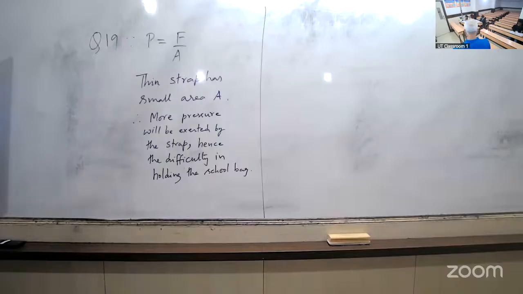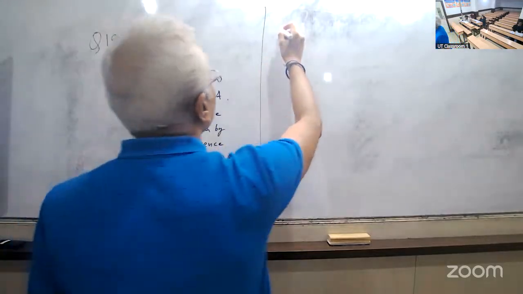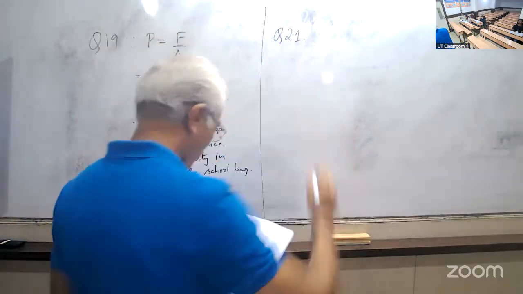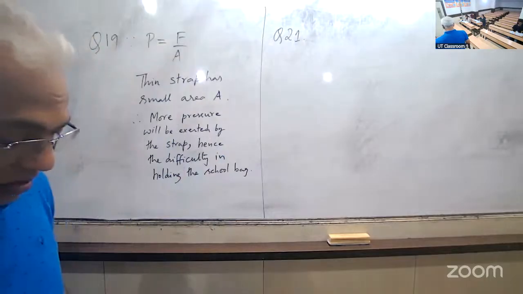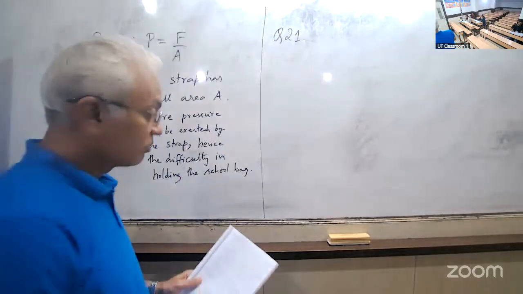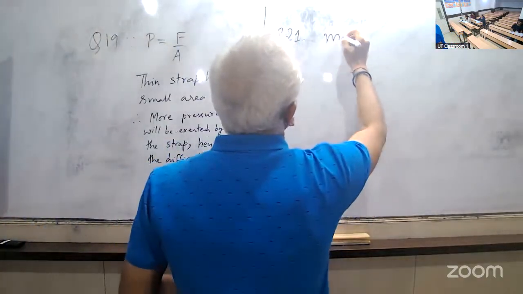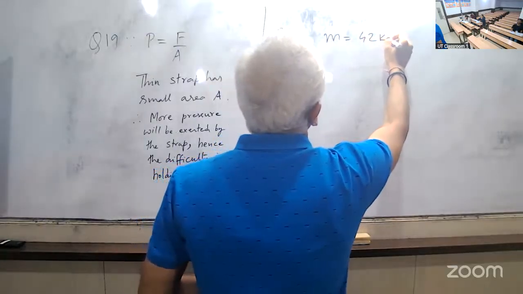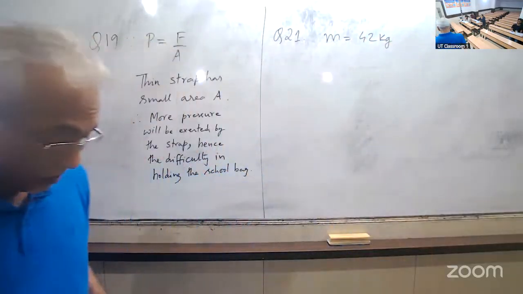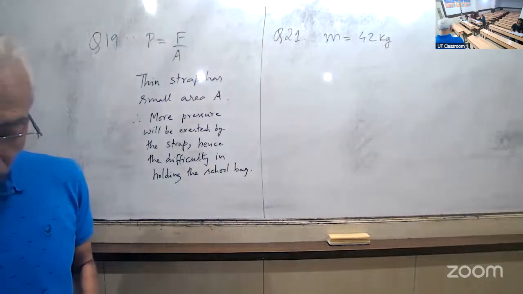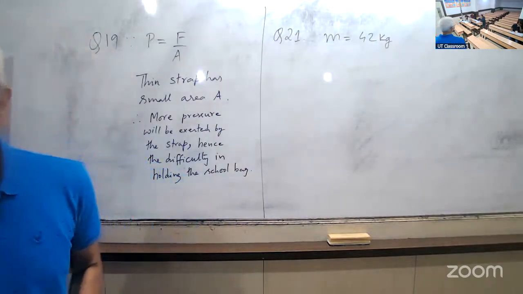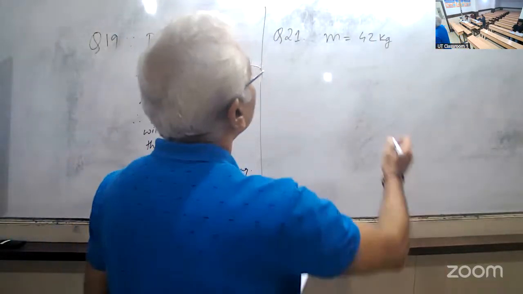Okay, next is question number 21. This is a tricky question. You find your mass to be 42 kg on a weighing machine. Is your mass more or less than 42 kg?